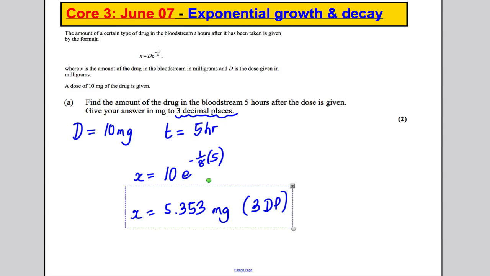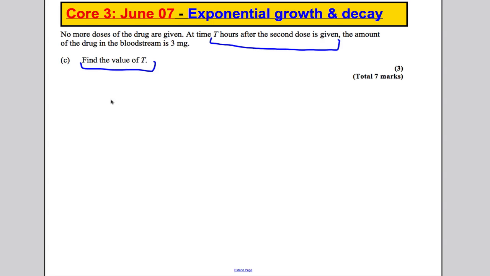Well, we know our equation for this is x is equal to d e to the minus an eighth t. We are told that at t hours after the second dose, the amount of the drug in the bloodstream is 3 milligrams. So we know x is 3 milligrams.